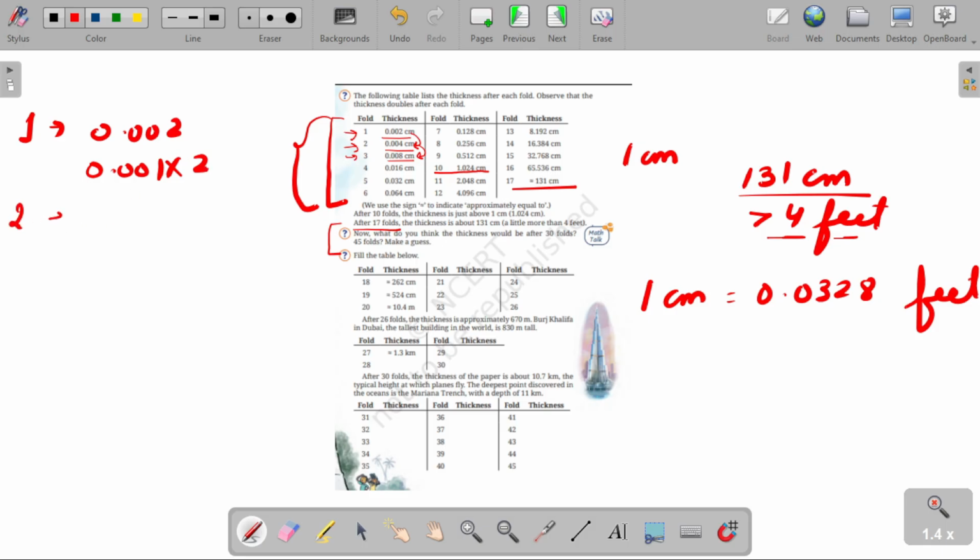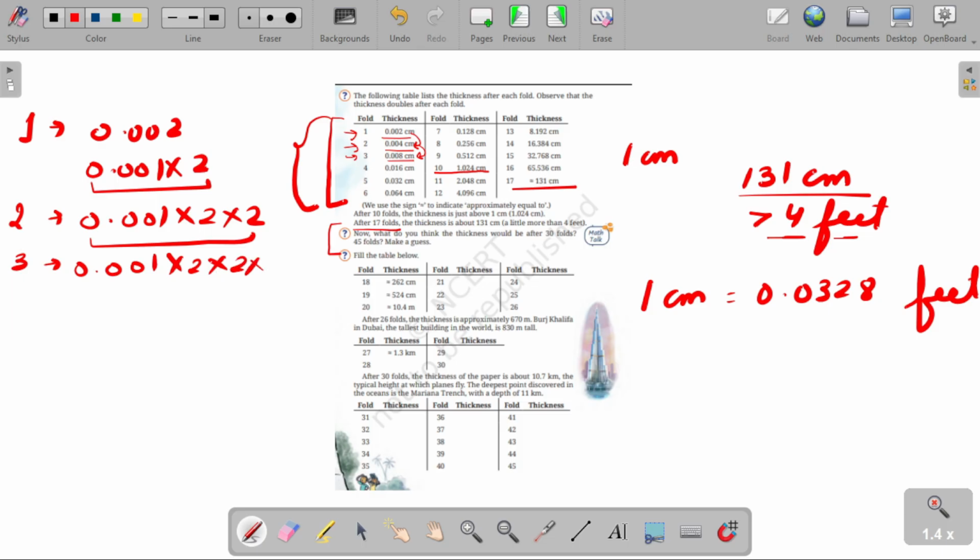In the second fold, we are doubling it again, that means it becomes 0.001 into 2 into 2. In the third fold, we are doubling the previous one, that means 0.001 into 2 into 2 into 2. And in the fourth fold, it becomes the double of the previous one, which is 0.001 into 2 into 2 into 2 into 2. Can you see the pattern here?